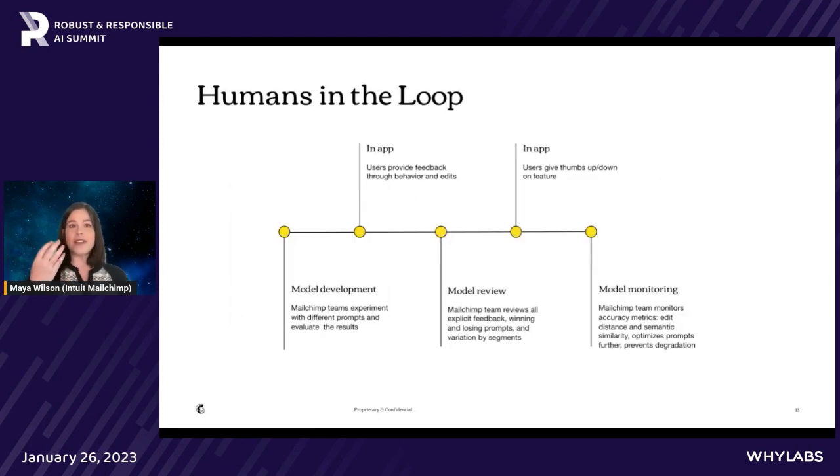So, humans in the loop. This is a really important theme, especially with generative AI. It is just sufficiently new that having eyes on it is so important to creating a positive user experience. And we do this in a few ways. At the model development phase, we have a team that looks over all of our results. This is often pulled from random places in the company. These are internal Mailchimp employees who are willing to generously donate some of their time to evaluating our model outputs.